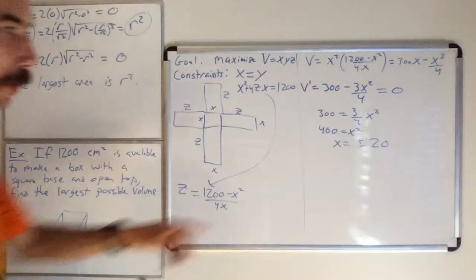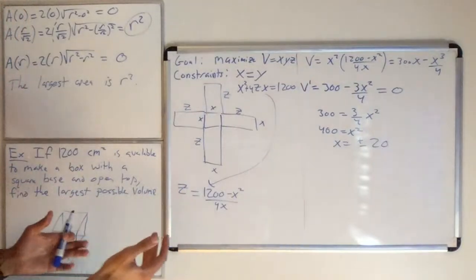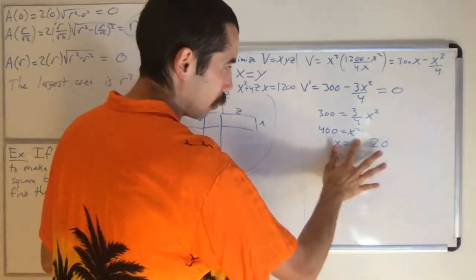Okay, so we get x is equal to plus or minus 20, but it doesn't make sense to have a negative length for x, so it's just positive 20.